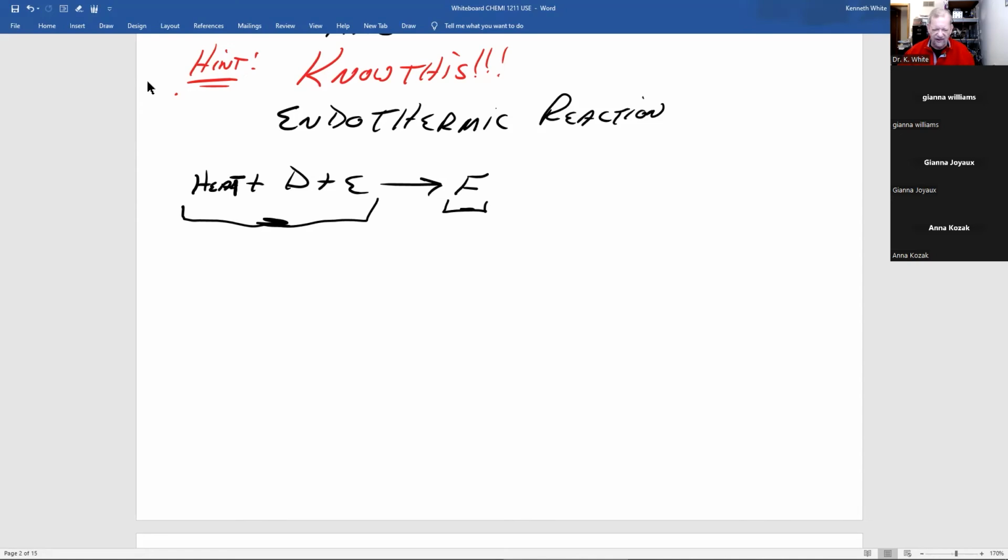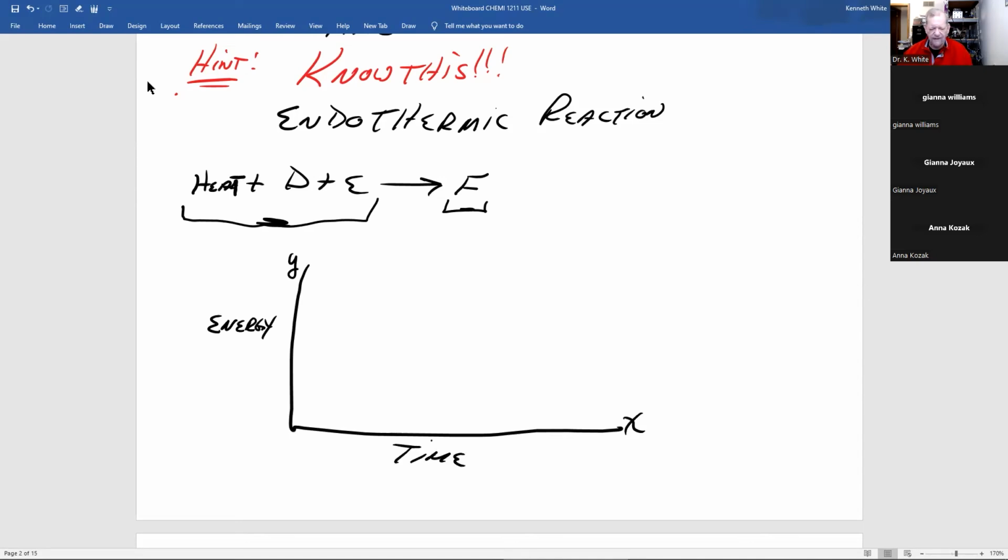So let's look at the energy diagram. Now, if we look at this, the total energy on this side equals the total energy on this side. D and E without the heat have a certain energy.